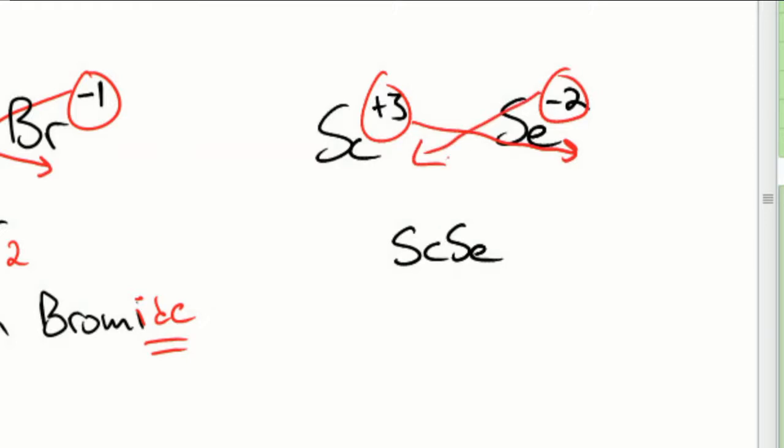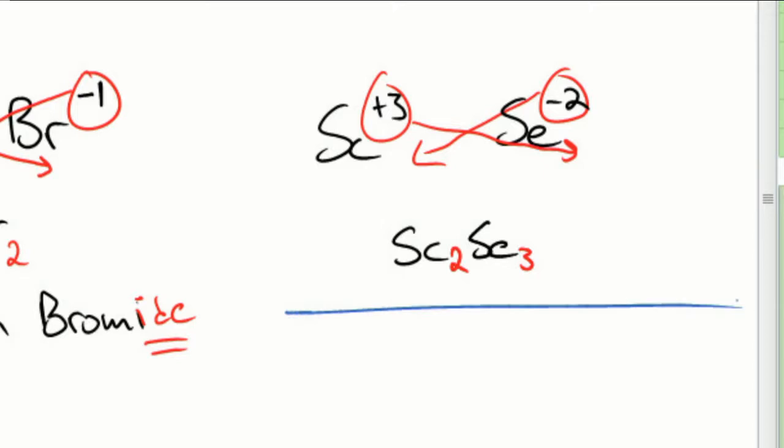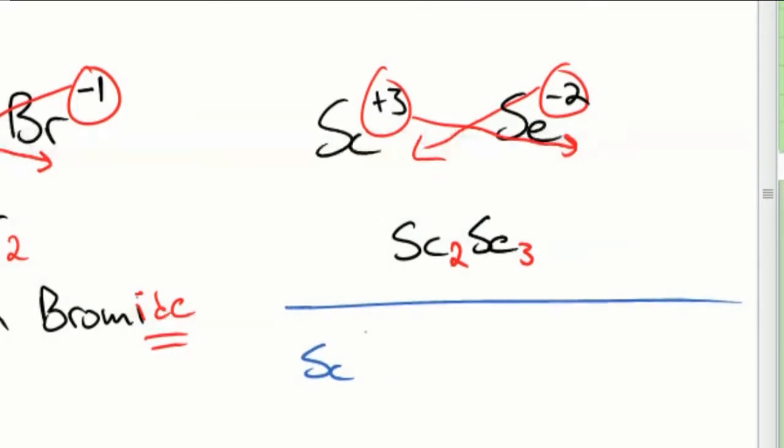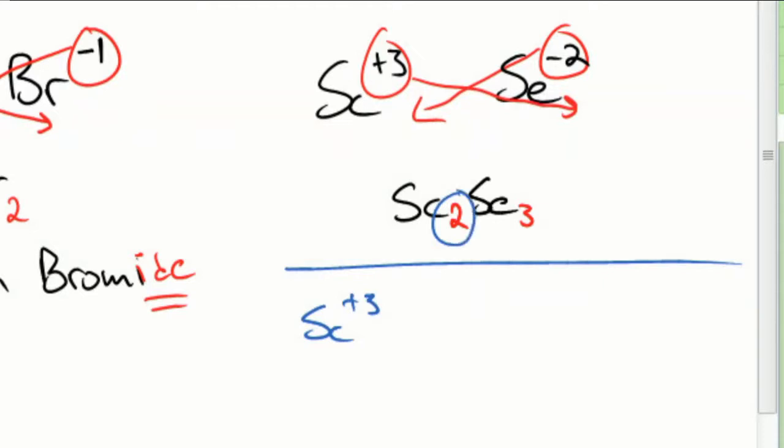All right, so if I'm thinking crisscrossing of charges, the 2 comes down next to the scandium, and the 3 goes next to the selenium. Or you can think about it this way. Scandium has a charge of +3. How many scandiums do I have? I have 2 of them. What about selenium?